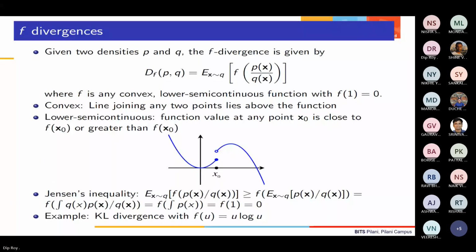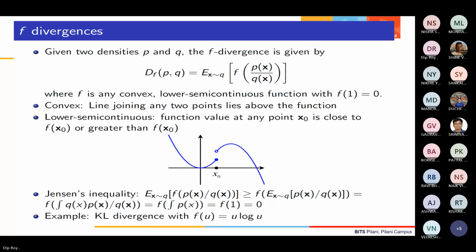Now, we'll talk about something called the f-divergence. Okay, and f is nothing but a function. So KL divergence is a specific functional form of f-divergence. Jensen-Shannon divergence is also a specific functional form of f-divergence. All right. So we want to generalize this particular thing.